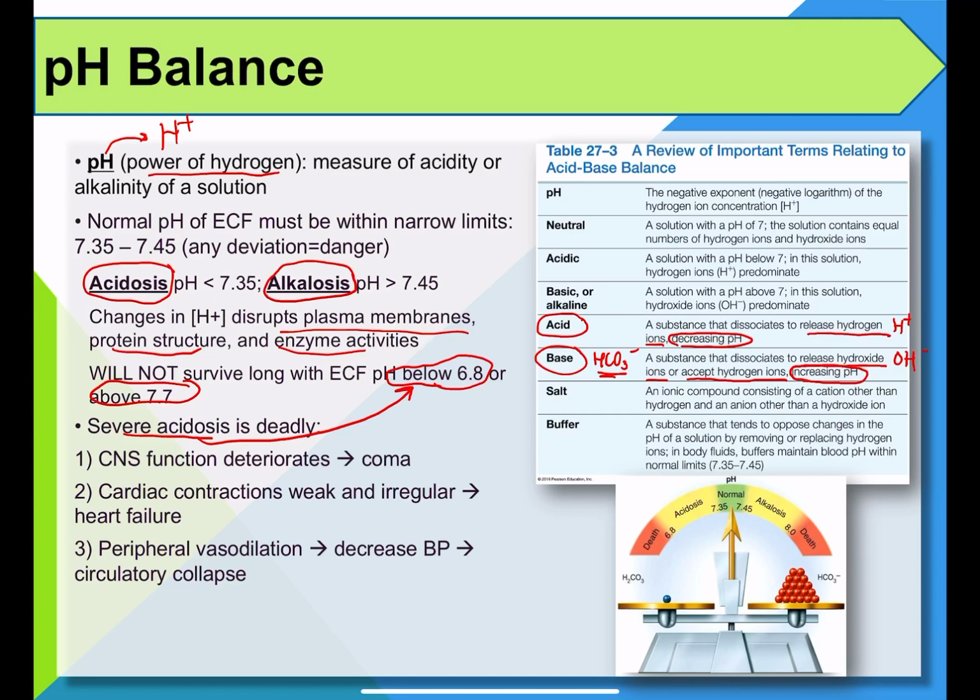Your central nervous system will deteriorate, which will put you in a coma. Your cardiac contractions will become weak and irregular, which then will stop your heart from functioning right, heart failure. Your peripheral blood vessels will all undergo vasodilation, and when they undergo vasodilation, as we already learned before, that will drop your blood pressure.